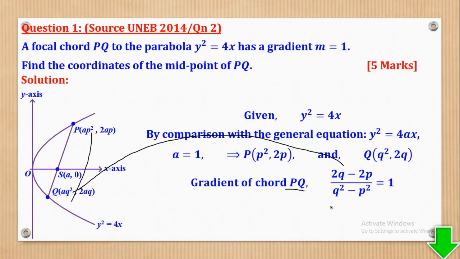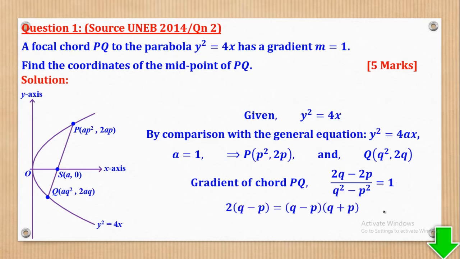But now here I'm not putting a because we already saw that a is equal to 1. And also I told that the gradient is equal to 1, that's why I'm equating it to 1. So when I cross multiply, I'll come up with that, and then this can cancel with this to remain with this.